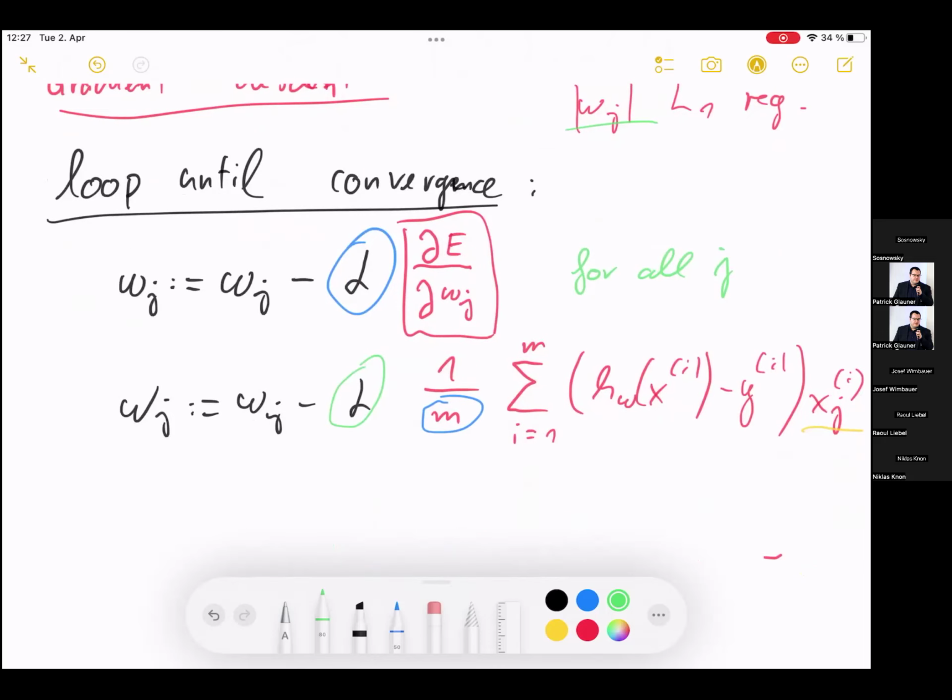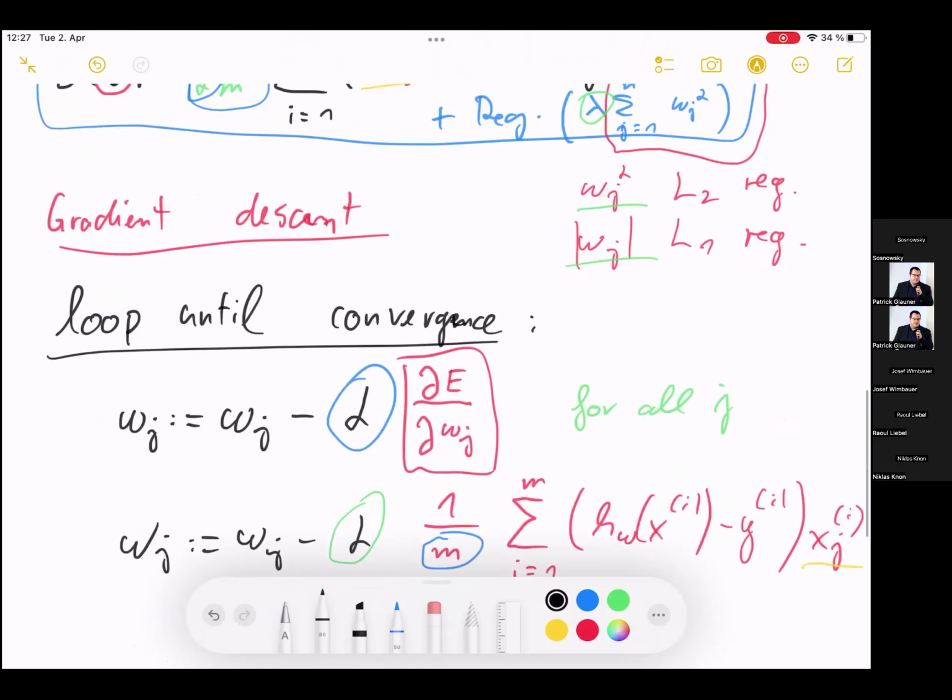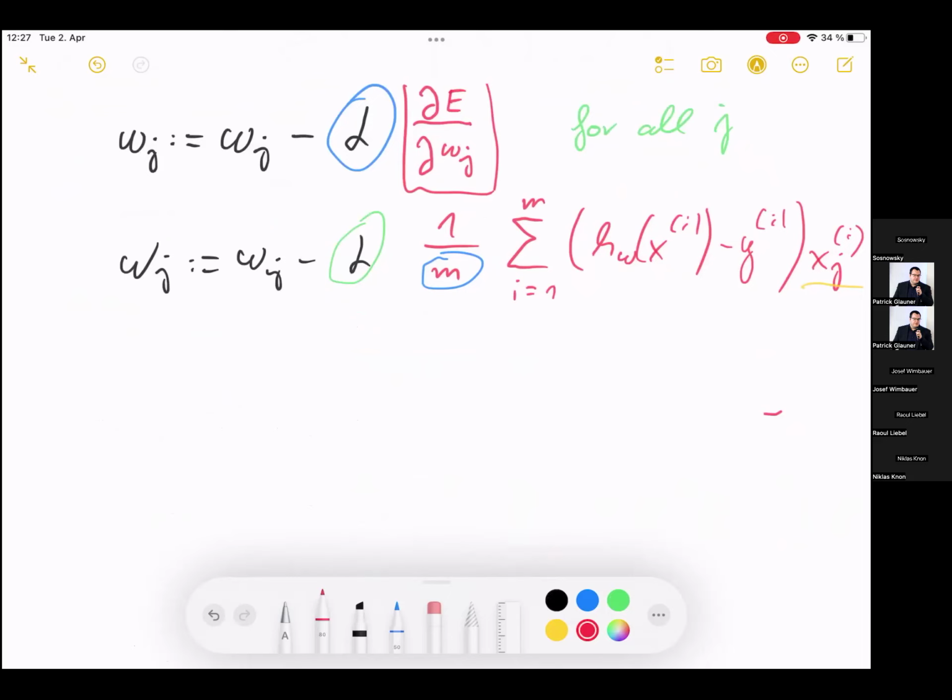And there is one completely different approach to training. So one is gradient descent, and the other one is an approach we call the normal equation. Using the normal equation approach, we can also find the weight vector.